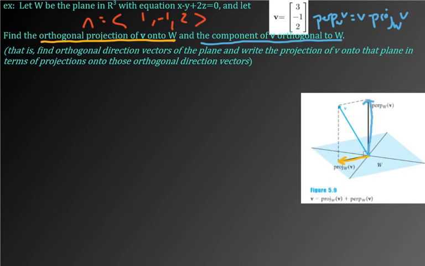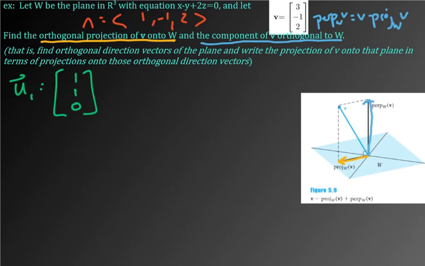So you could take U1, which is typically what they call these things, to just be 1, 1, 0. 1, 1, 0 is perpendicular to that. And then, if you wanted to do a cross product thing or something, you could do that. But you could also just figure it out, because these numbers are pretty nice.